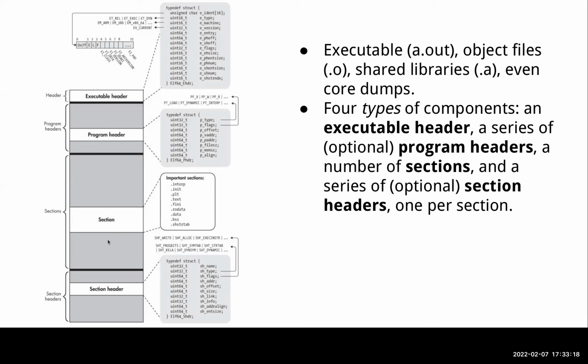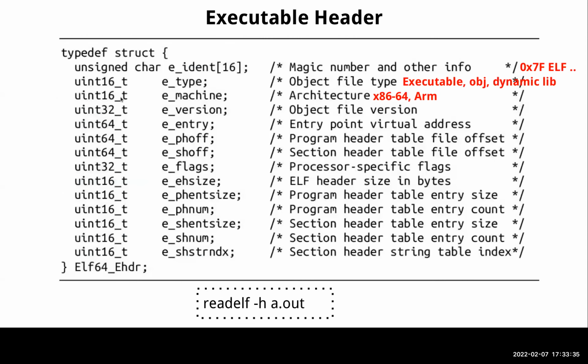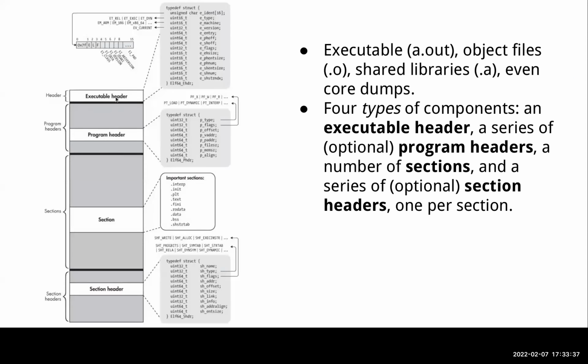The program headers and section header tables do not have to be located at any specific location. You can see we drew the section header table in the middle, and even this one. That's because their addresses are specified in the executable header, so they do not have to reside at a specific location.